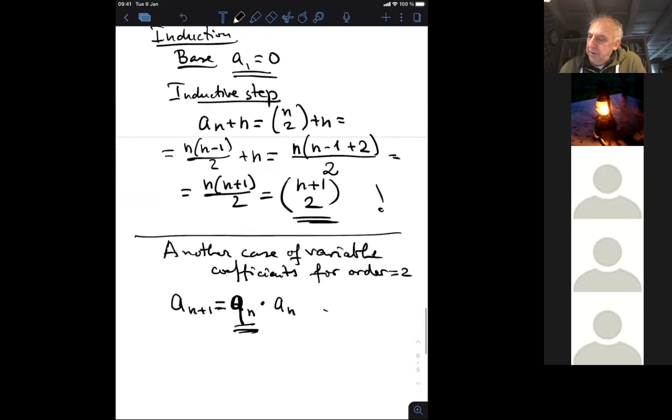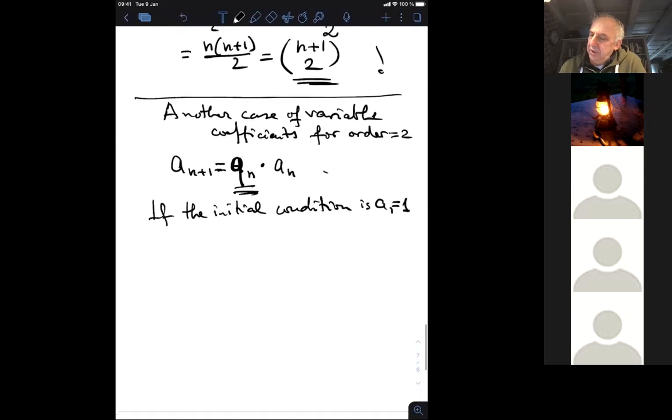So, for example, if the initial condition, for simplicity, is a1 equal to 1, then we get the simple answer: a n plus 1 would be equal to q1 times q2 times q3 times up to qn, for n equals 2, 3, and so on.